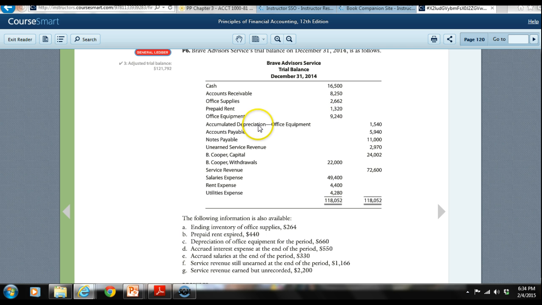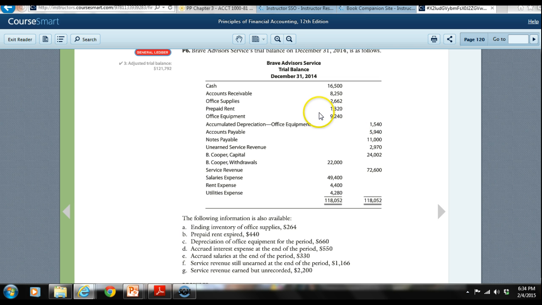Now, then we see this accumulated depreciation office equipment. That is that contra account we talked about, where if we take our office equipment, and then this accumulated depreciation office equipment really shows us all of the depreciation we've taken over the life of this office equipment is $1,540.